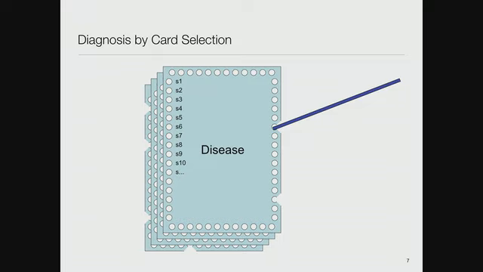And again, as people came in and complained about some condition, you'd stick a needle through that condition and you'd shake, and out would come the cards that had that condition in common.